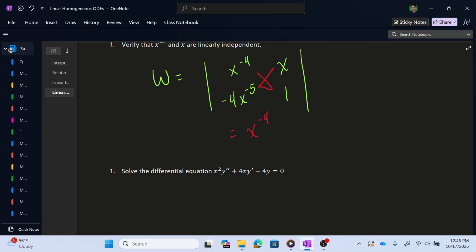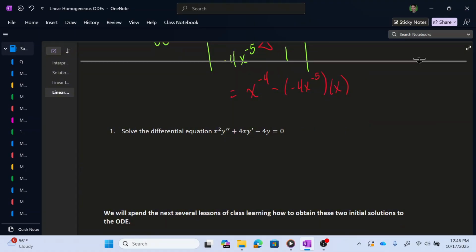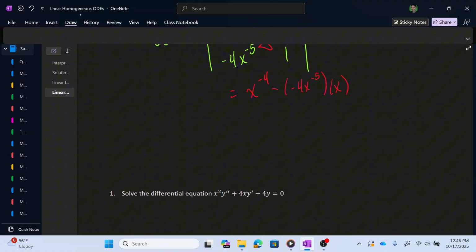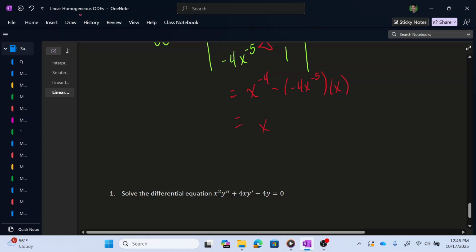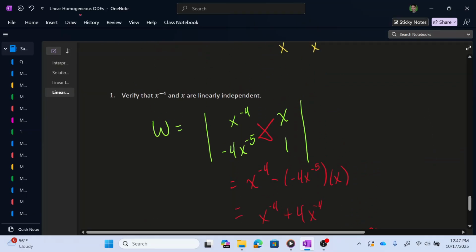So I get x to the minus 4 times 1 minus negative 4x to the minus 5 times another x. Using the exponent properties, this becomes x to the minus 4 plus 4x to the minus 4. In total, 5x to the minus 4. And that's definitely not equal to the 0 function. Because our Wronskian's non-zero, we can conclude there's no redundancy in our collection. So our functions are independent.